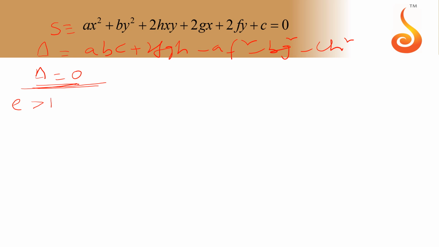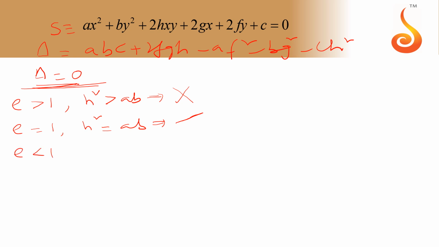Suppose eccentricity is greater than 1, h square greater than ab. In this situation, you will get a pair of straight lines, real and distinct. Suppose e equal to 1, h square is ab, then you will get coincident lines.